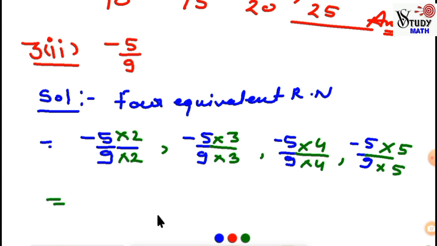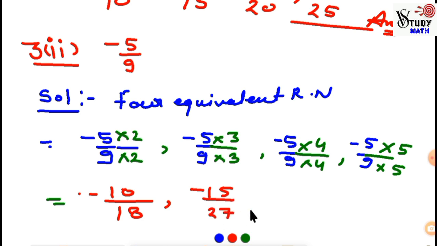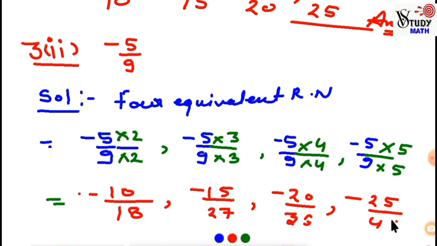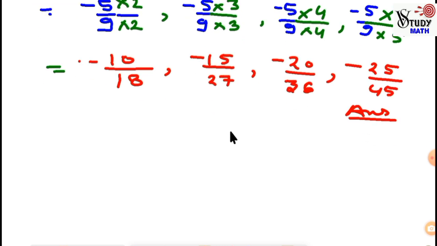Now we do the calculation here. Negative 5 multiplied by 2 is negative 10 by 18. The second, negative 15 by 27. Third one, negative 20 upon 36. Now the fourth one, negative 25 upon 45. And this is the answer of this problem. I hope you understand very well. Now move to the next problem.